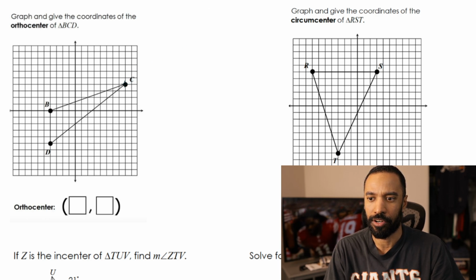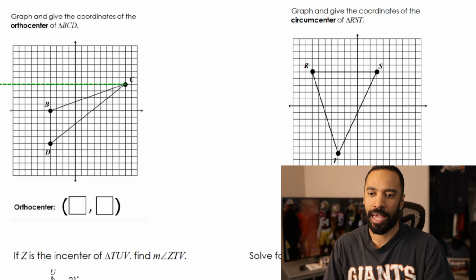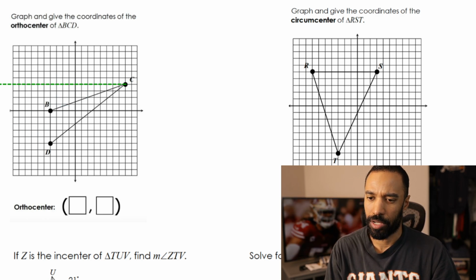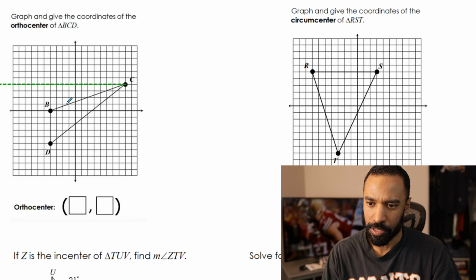But orthocenter is made from altitudes. For example, here's an altitude from C through BD. I know it's outside of it. And I'm going to do the altitude of, let's go through this one here. Let's find out what this slope is. Okay, this is a rise of 1 and run of 3.